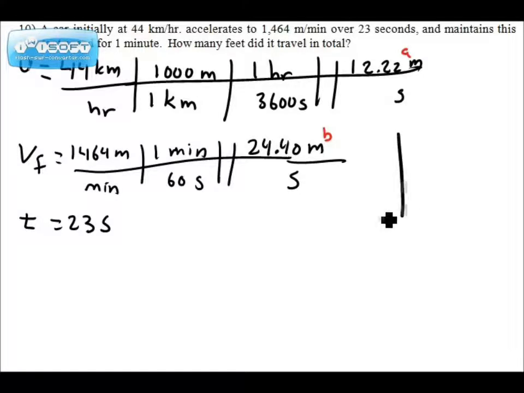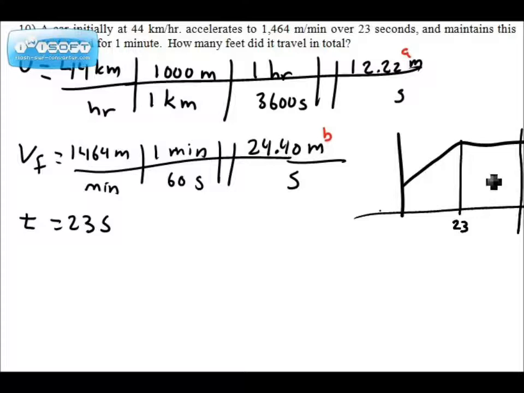Let's graph it out. Basically, I'm starting at 12.2, I'm climbing to 24.4, and I'm going to continue on at that speed. How long do I continue on at this speed? So if it's taken 23 seconds to get here, and then I'm going to continue for another 60 seconds from here to here. I don't put 83 seconds down here because that's going to confuse the issue.